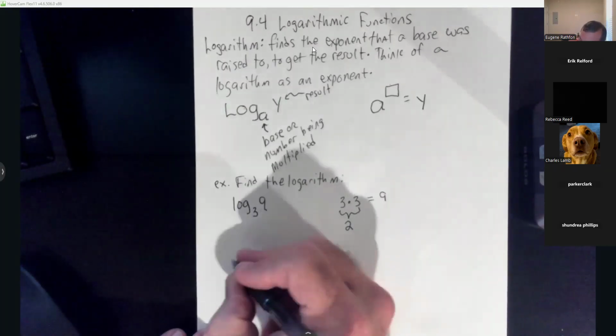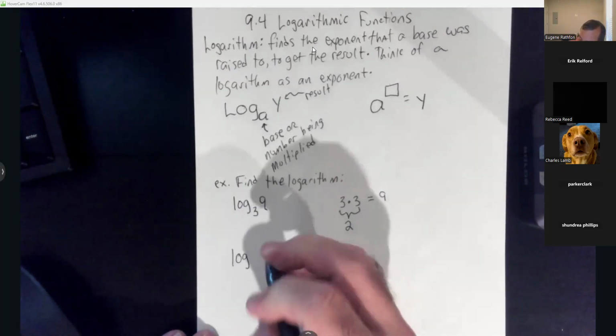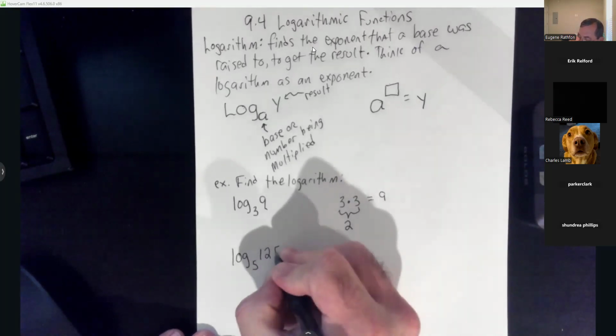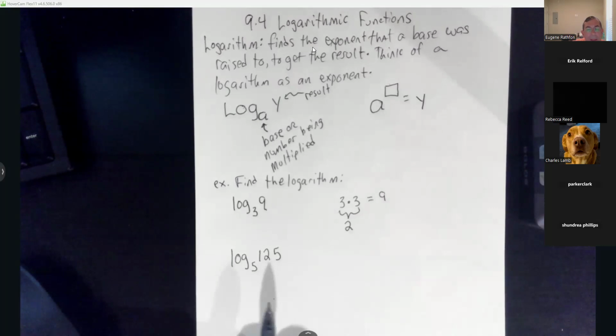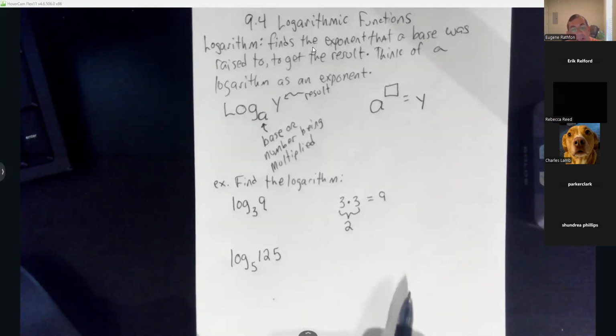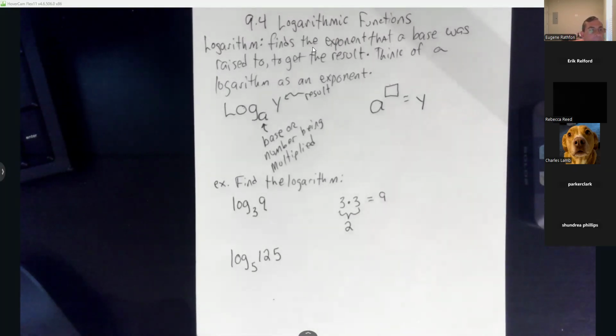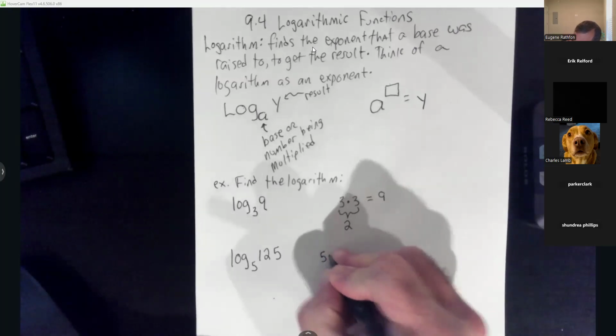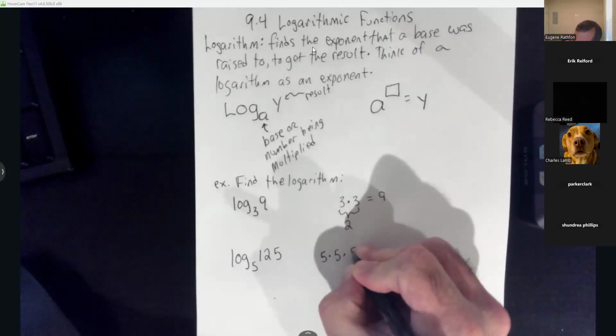Okay? Try this one. Log base 5 of 125. How many times would I have to multiply 5 times itself to equal 125? And y'all got what, a 3 up there? Good job. Because remember, this would be 5 times 5 times 5.